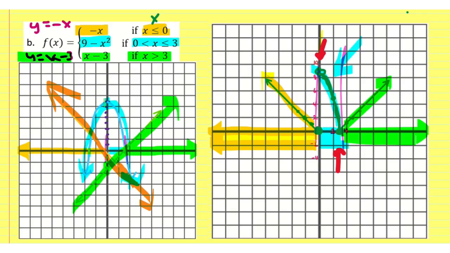So this is what they look like in full, but this is our piecewise function. So we only have these 3 pieces of our function based on the restrictions of our domain.